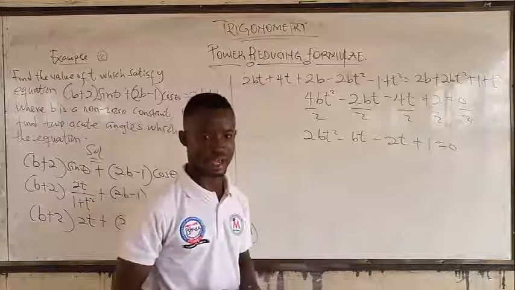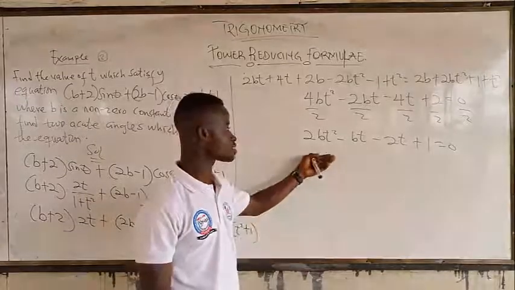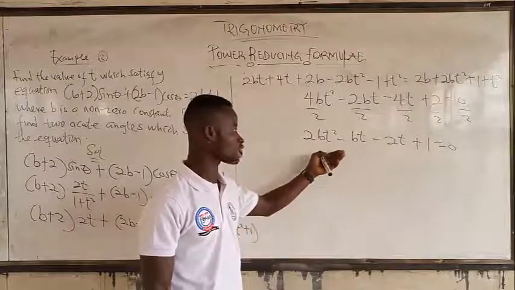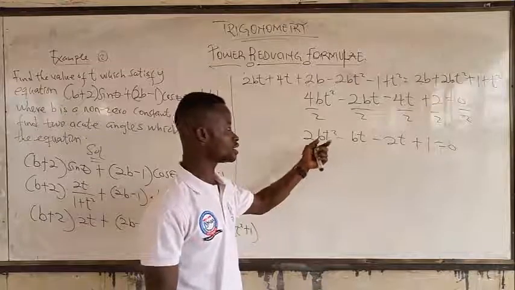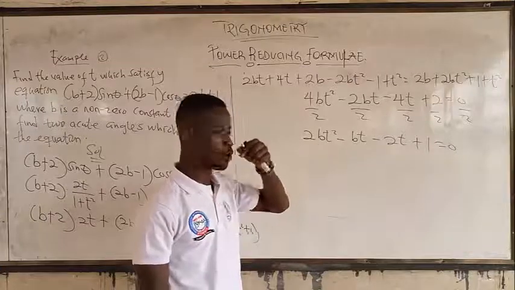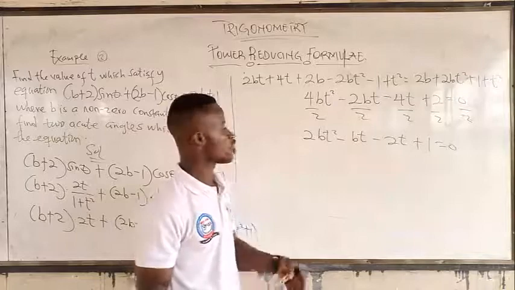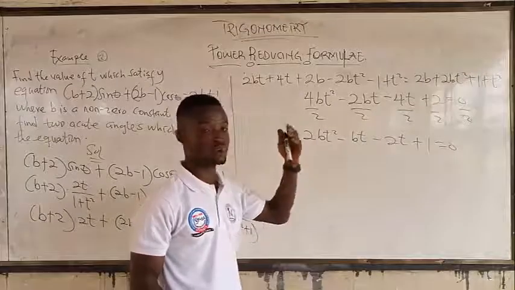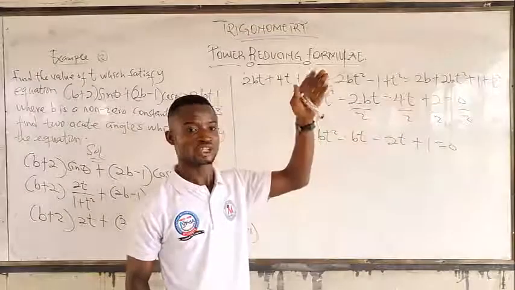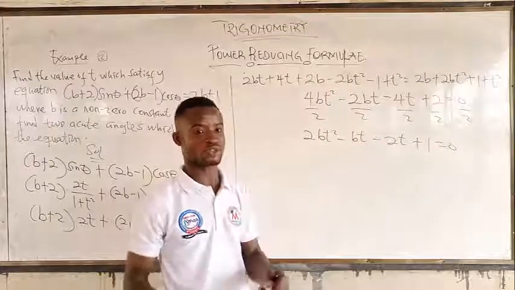Having this, if you want to solve it, we can leave it in the form of a quadratic, and then use the quadratic formula. I'm leaving that for you to do.